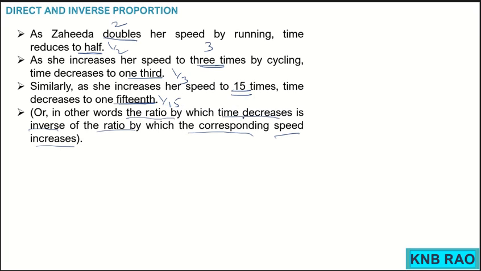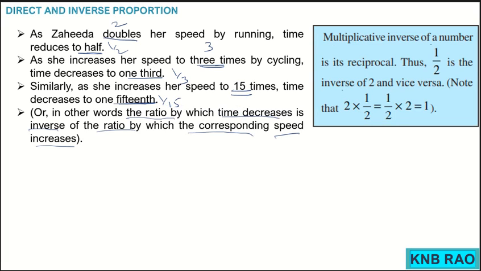If you know one important property called multiplicative inverse: the multiplicative inverse of a number is its reciprocal. Thus, half is inverse of 2 and vice versa. We learned this in one of the number system properties, multiplicative inverse. From this word only the name of this inverse proportion has come.